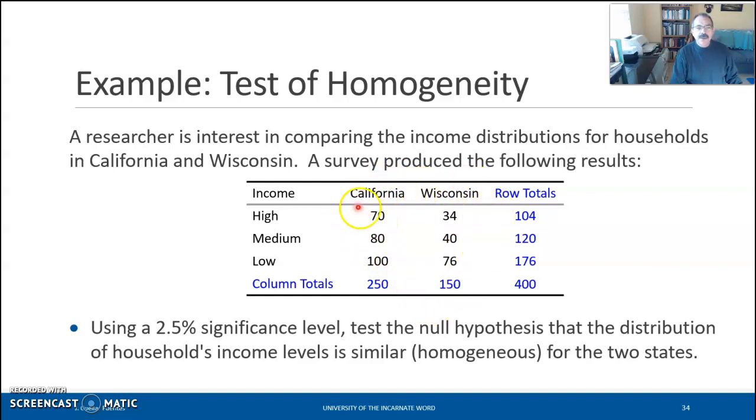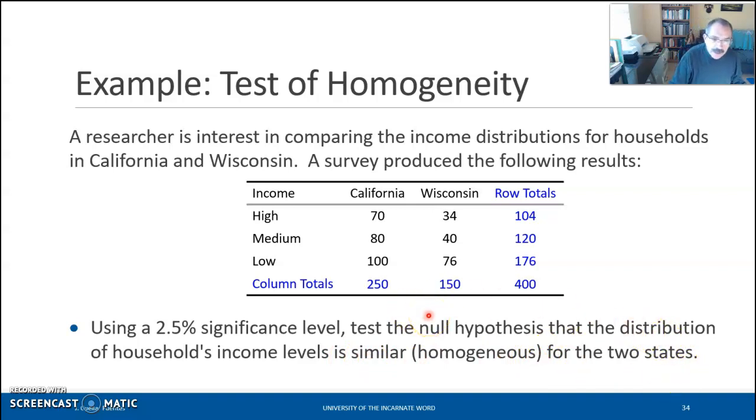In other words, we're looking to see if the proportions who have high income are equivalent in California and Wisconsin, to see if the frequency of the medium incomes in California and Wisconsin are similar, or if the proportions of the low income in California and Wisconsin are the same. So again, in this particular case, we want to use a 2.5% significance level, and we want to test the null hypothesis that the distribution of household income levels is similar for the two states.